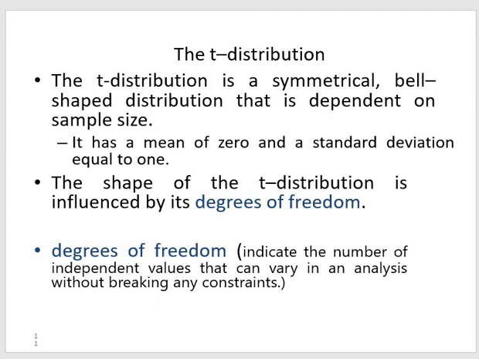Secondly, the shape of the t-distribution is influenced by its degree of freedom. Now what is this degree of freedom? Degree of freedom indicates the number of independent values that can vary in an analysis without breaking any constraints.